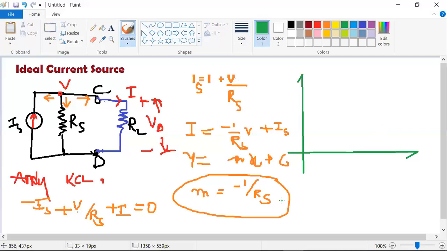Here we have two conditions. Case one is when the voltage is zero. In this equation, when the voltage is zero, then I equals IS. This is V, this is I.